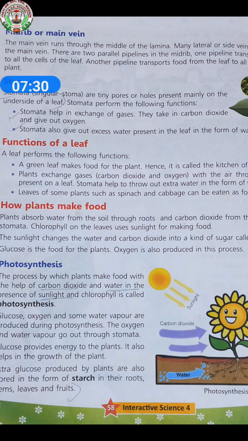The plant exchanges gases, carbon dioxide and oxygen, with the air through stomata present on a leaf. Stomata help to throw out extra water in the form of water vapor. Leaves of some plants such as spinach and cabbage can be eaten as food.